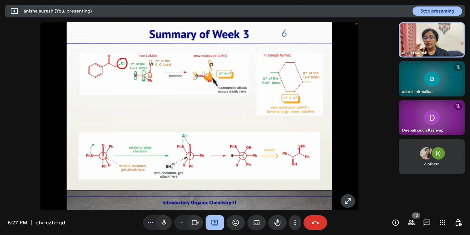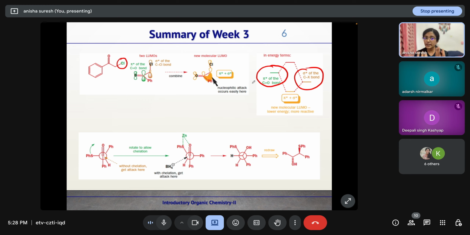Okay, ma'am. See, you can see here the pi star of CO bond and the sigma star of CX bond. If we consider, the pi star of CO bond is higher in energy compared to the sigma star of CX bond. So if we are not considering this overlap into picture, we will be considering that an SN2 reaction can take place, leading to replacement of Cl with the nucleophile.